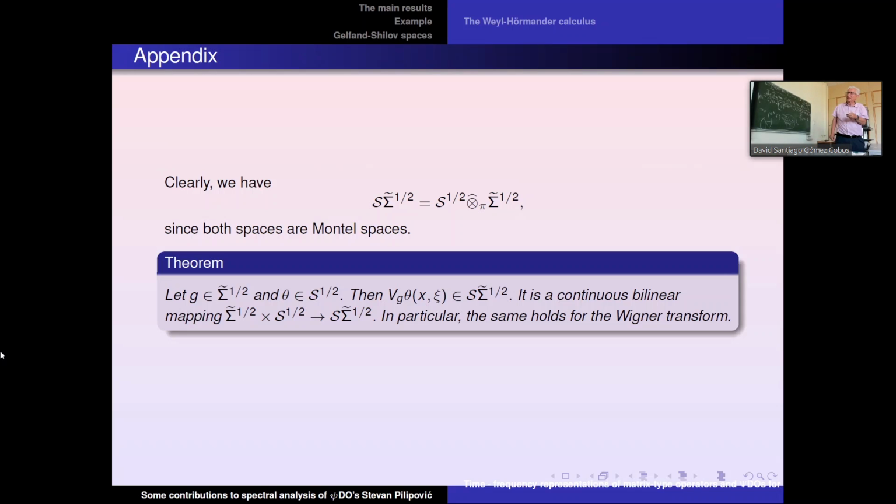So you see that the window function and theta belong to different spaces, theta is in S, and this is in sigma tilde, and the window belongs to that. Because of that, I can use what I already told, symbols in S, sigma tilde 1/2 prime of all this.